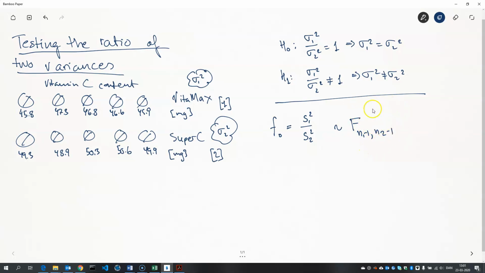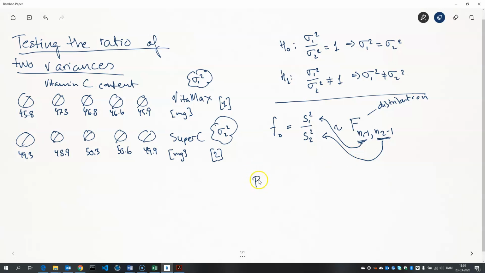So this F distribution has two sets of degrees of freedom, and they're given by the sample sizes minus 1 in each case. And it's very important that you keep the order. So this number of degrees of freedom refers to the numerator of the test statistic, and this number of degrees of freedom refers to the denominator of the test statistic.